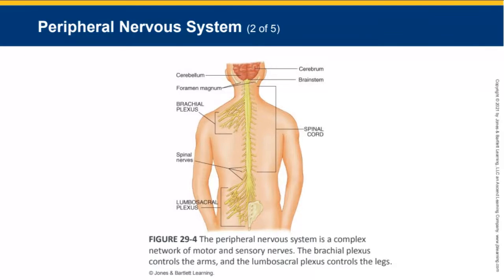The peripheral nervous system is a complex network of motor and sensory nerves. The brachial plexus controls the arm, and the lumbosacral plexus controls the legs. Pretty straightforward.